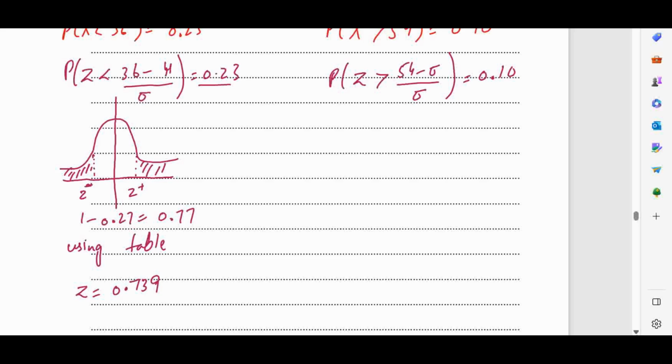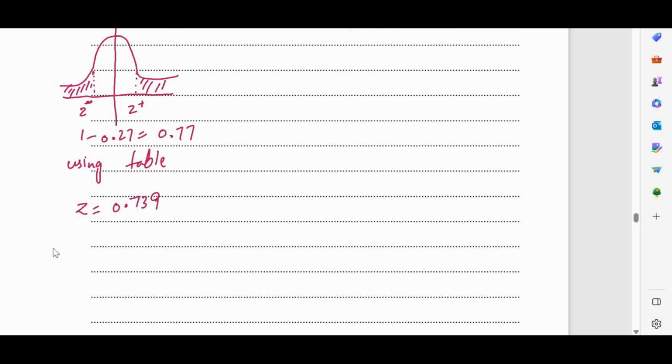Now we know that z is equal to x minus mu, whole divided by sigma. So 0.739 is equal to, in this case x was 36, minus mu, whole divided by sigma. Let's say this will be the first equation.